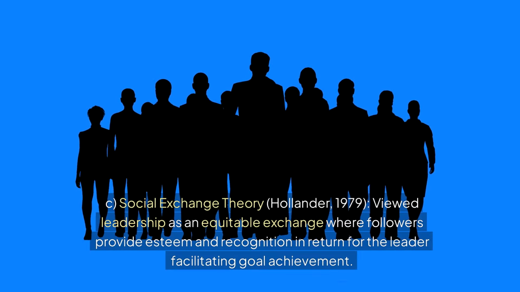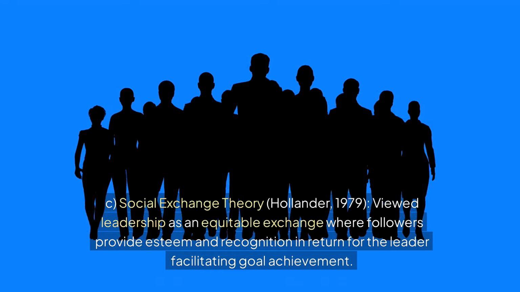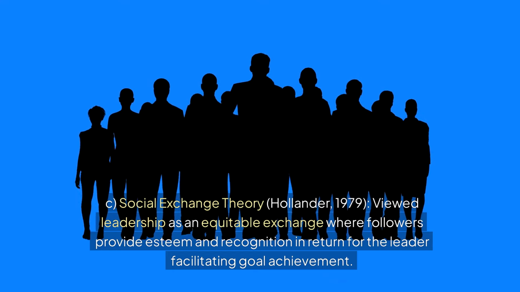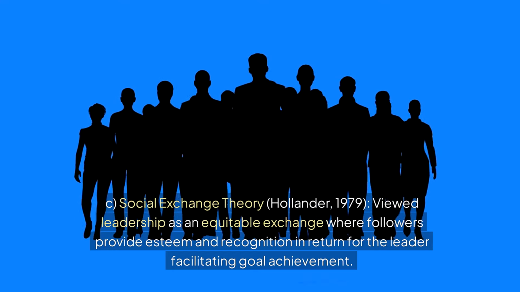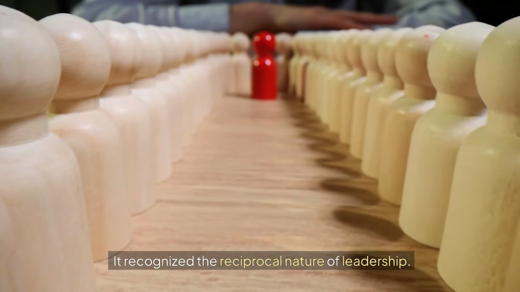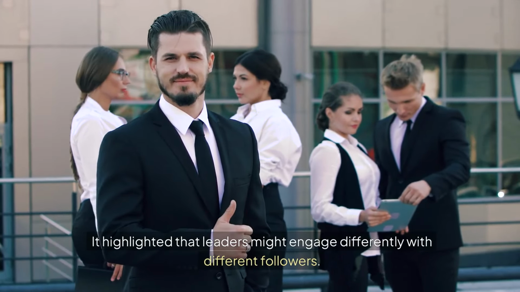C. Social exchange theory, Hollander, 1979, viewed leadership as an equitable exchange where followers provide esteem and recognition in return for the leader facilitating goal achievement. Significance. It recognized the reciprocal nature of leadership. It highlighted that leaders might engage differently with different followers.